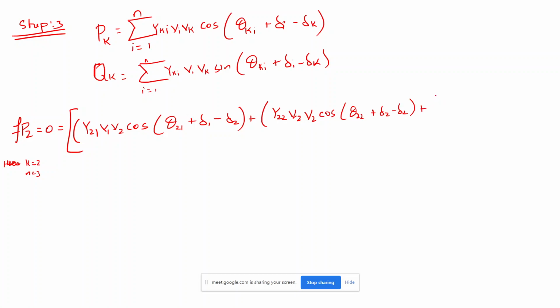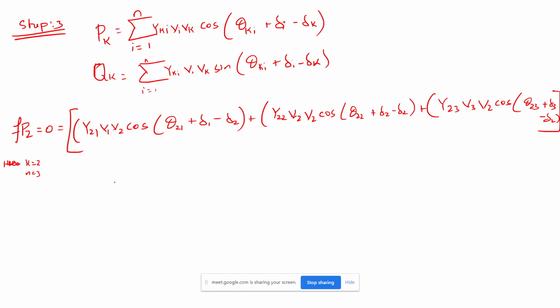And then Y23 V3 V2 cos of (theta 23 plus delta 3 minus delta 2). So this is how the summation gets over. So this is the equation for P2, right?